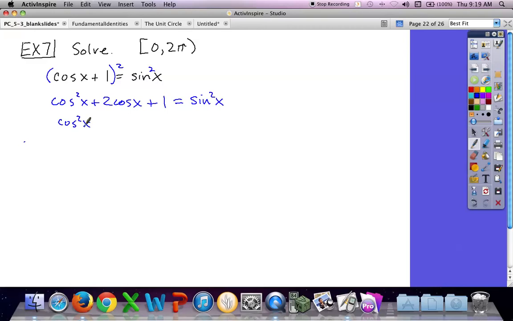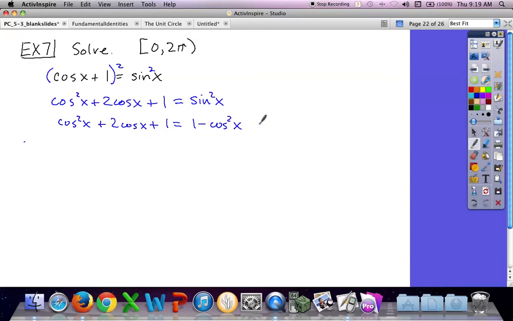plus 2 cosine x plus 1 equals 1 minus cosine squared x.